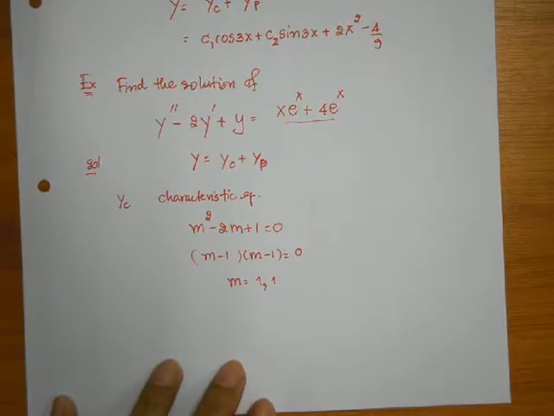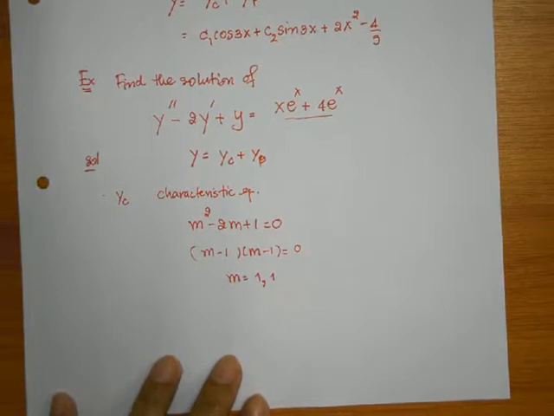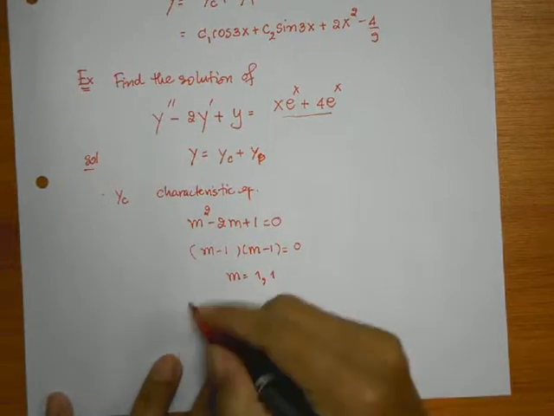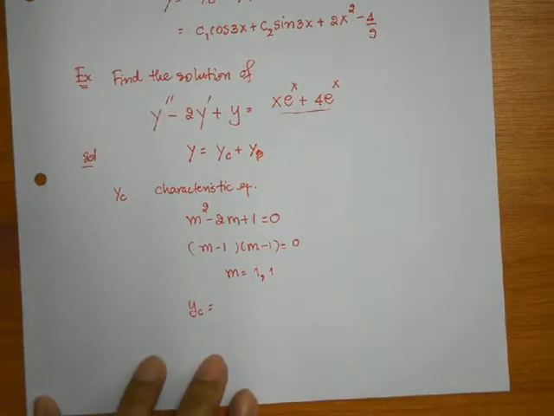Okay, 1 and 1 is a repeated real root, which is in the second case of our homogeneous differential equation. Now, yc is equal to, it's a repeated root, which has case equal to 2.